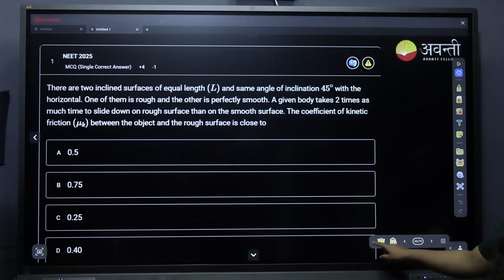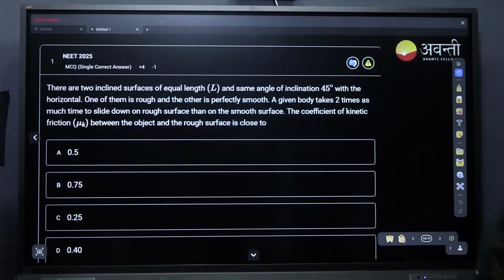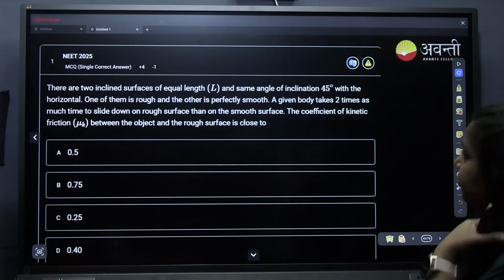Now let's try whatever possible questions we can. Let's try. Can you read the question?